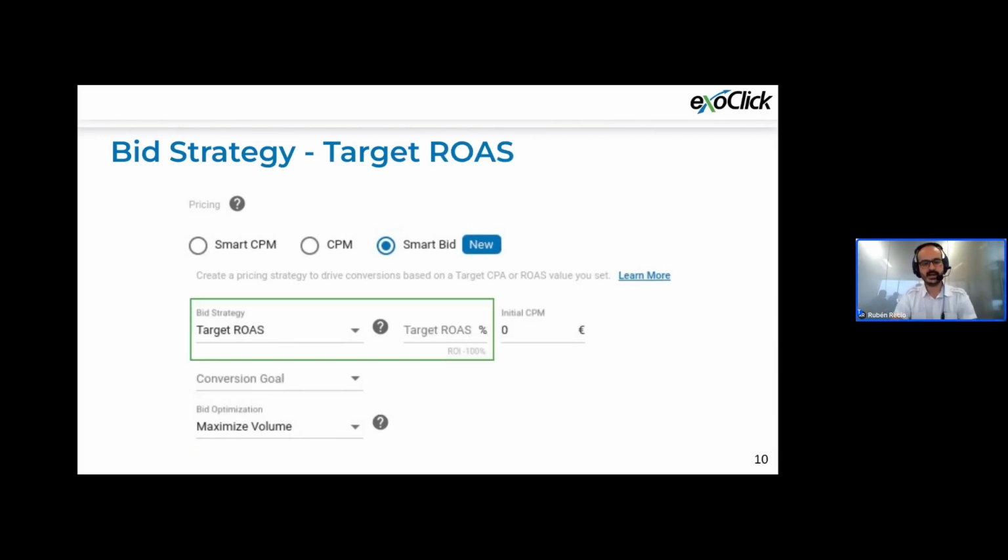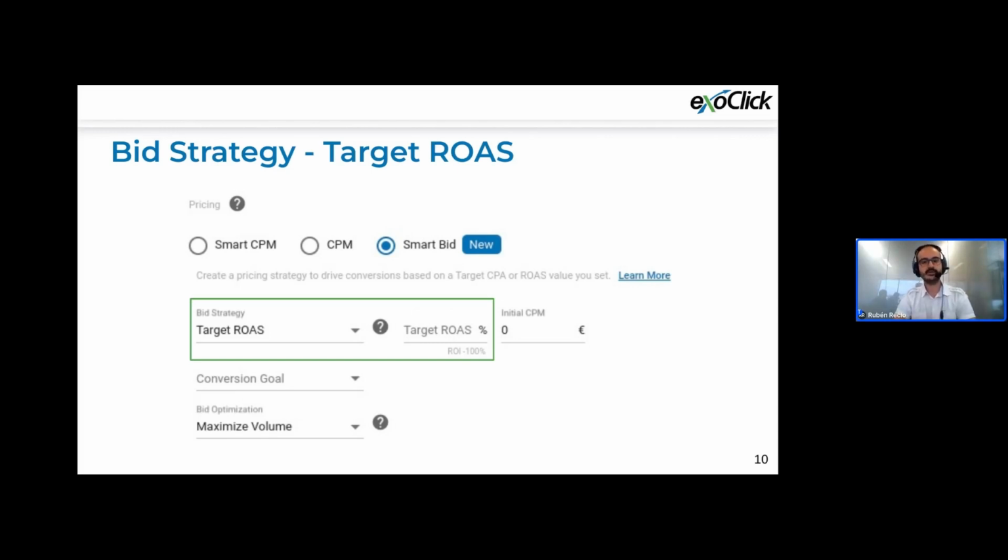Now, after target CPA, you can also choose target ROAS. With a target ROAS, what we're looking at is the average value of the conversions that you are getting. And based on that average value of conversions, we're able to determine the return on ad spend that you're getting from that campaign.